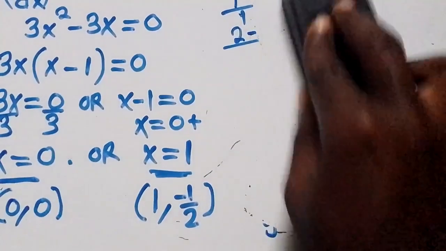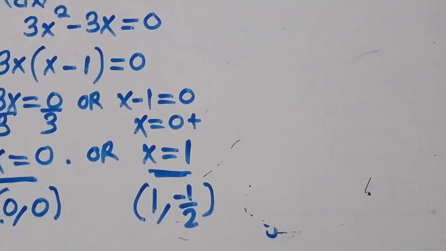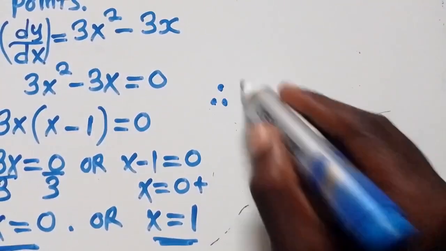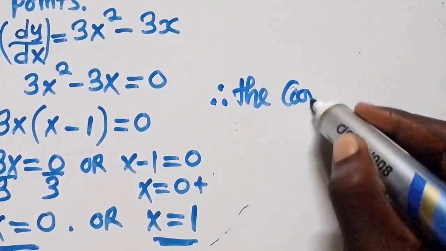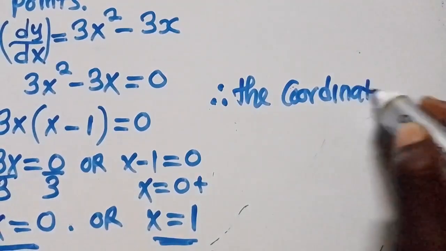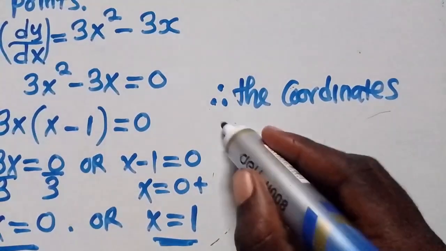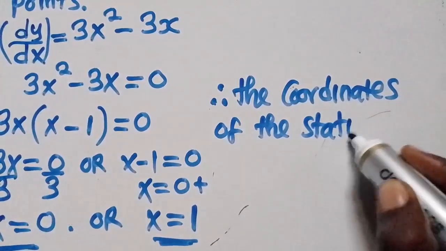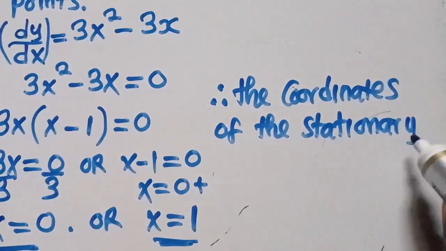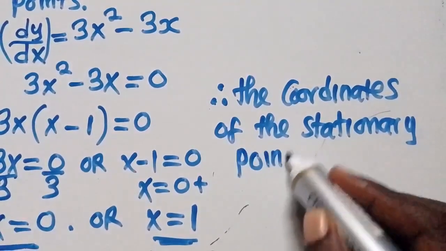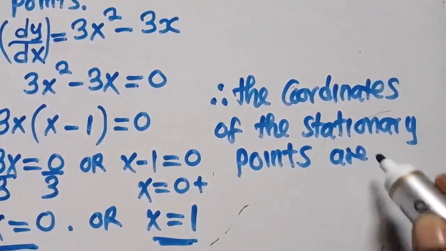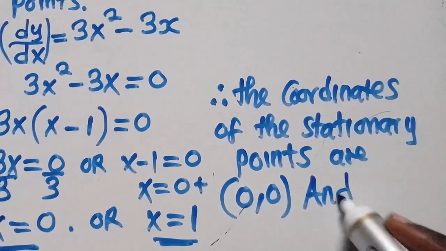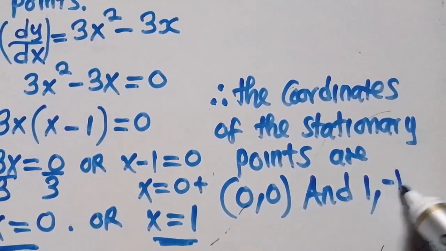So now you just conclude and say, therefore, the coordinates of the stationary points are 0, 0 and 1, negative 1 over 2.